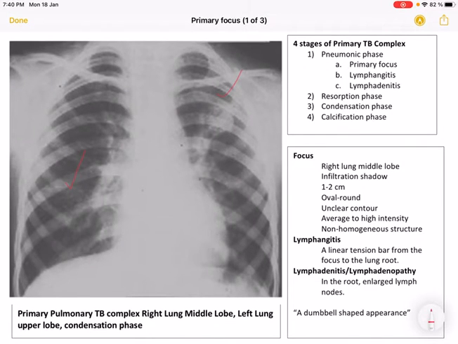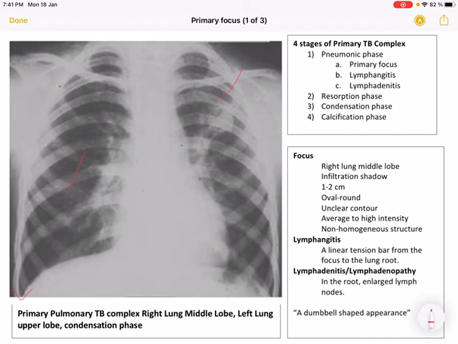Before going through the shadow, as I already discussed in our previous videos, we need to check whether this image is adequately exposed or not, whether it is a chest X-ray, and which projection, AP or lateral. So it's an AP projection, adequately exposed X-ray, and the costophrenic angle is clear.